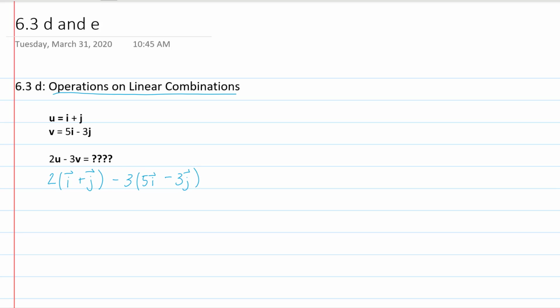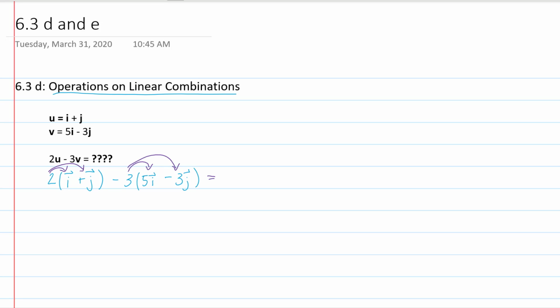And now we've already studied distribution. That was in our properties the other day. We know that distribution holds up. So if I simplify this, I can distribute this 2 scalar into my i and j vectors. I can distribute this 3 scalar into the 5i and the 3j, paying real close attention to my signs. That negative 3 needs to go with that scalar.